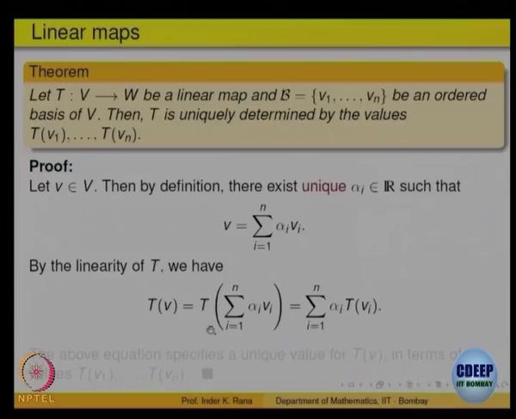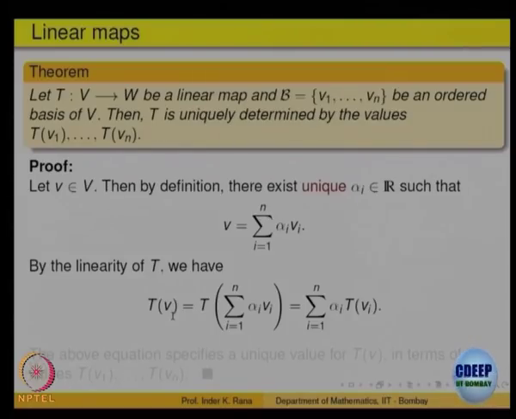So, T of v is T of the sum, which is the same as sigma alpha_i T of v_i by linearity of T. Now, if these T of v_i's are fixed, and the only choice is alpha_i's, which are fixed for a given vector v, then this value is fixed. If we know T of v_i's, we know T of v.